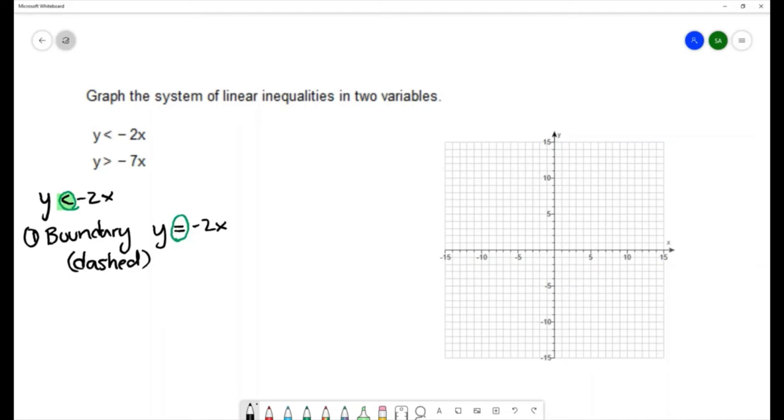Now this line is a linear equation, y equals negative 2x. It is written in slope-intercept form, y equals mx plus b. So we know that this line has a y-intercept at 0, and we have a slope of negative 2.